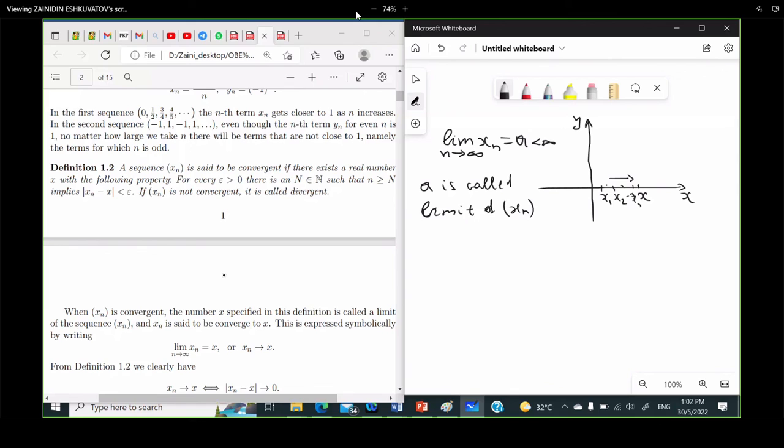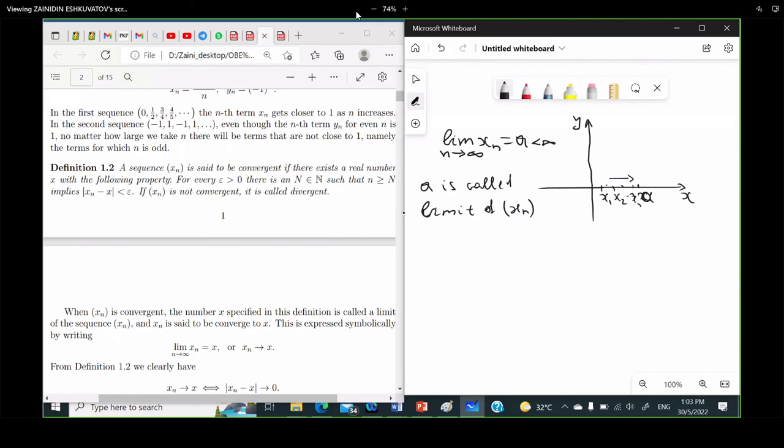Actually, in R we have only 3 types of convergence. So this is the left side convergence. You see, this limit of xn equal to A means x1, x2, x3, and xn slowly or fast approach the number A. So that's why this sequence is called convergent. If A is a finite number, then this sequence is a convergent sequence.